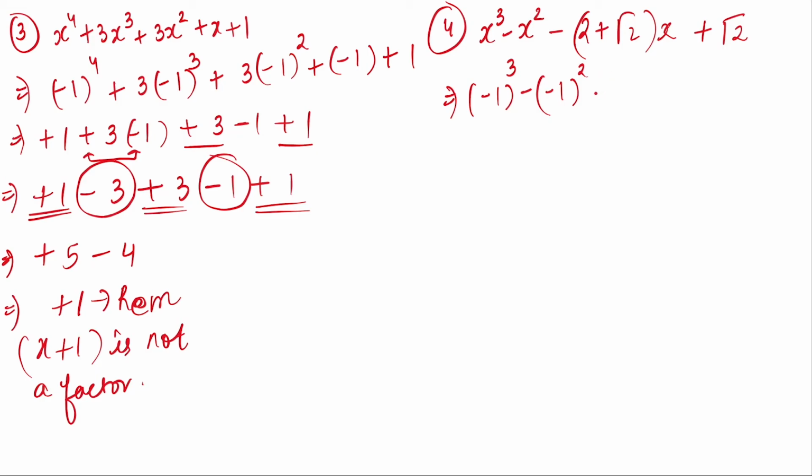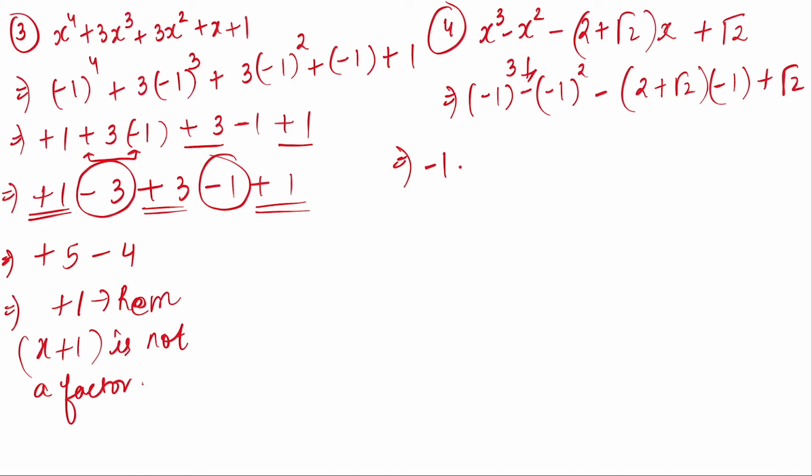Let me first put the value for you, then there will be no chances of mistake and you will get it clearly. Here I have put minus 1 in the place of x. Now I am going to open the bracket. Minus 1 cube will become minus 1, and minus 1 square will give us plus 1.